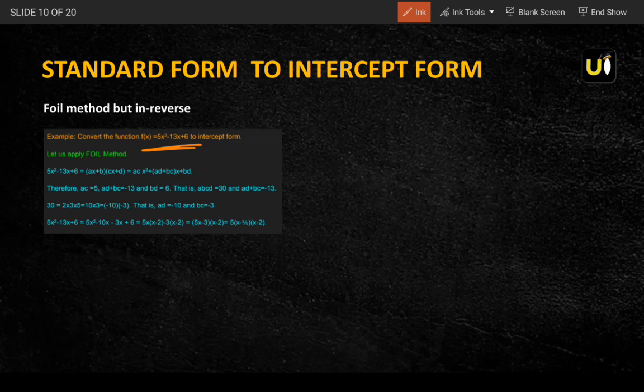So here also one of the method is we use the FOIL method, but in the reverse way. So let's see how to do. So now we were given 5x square minus 13x plus 6. So how the intercept form of a function be? It will be ax plus b into cx plus d, right?